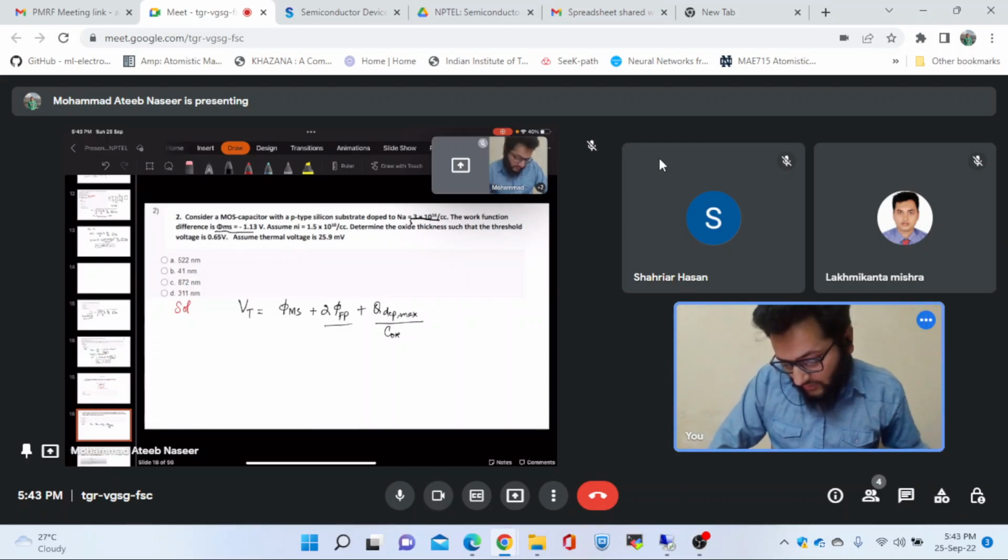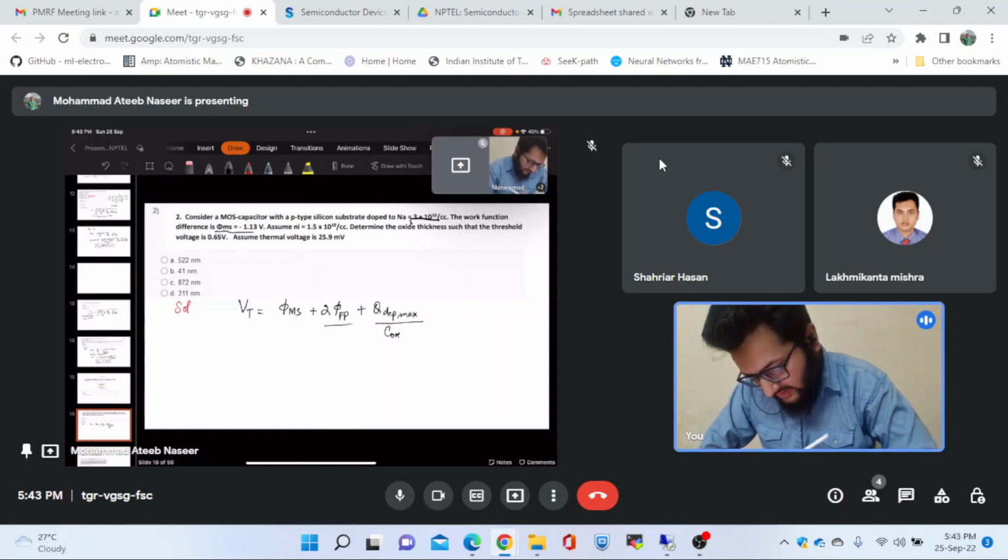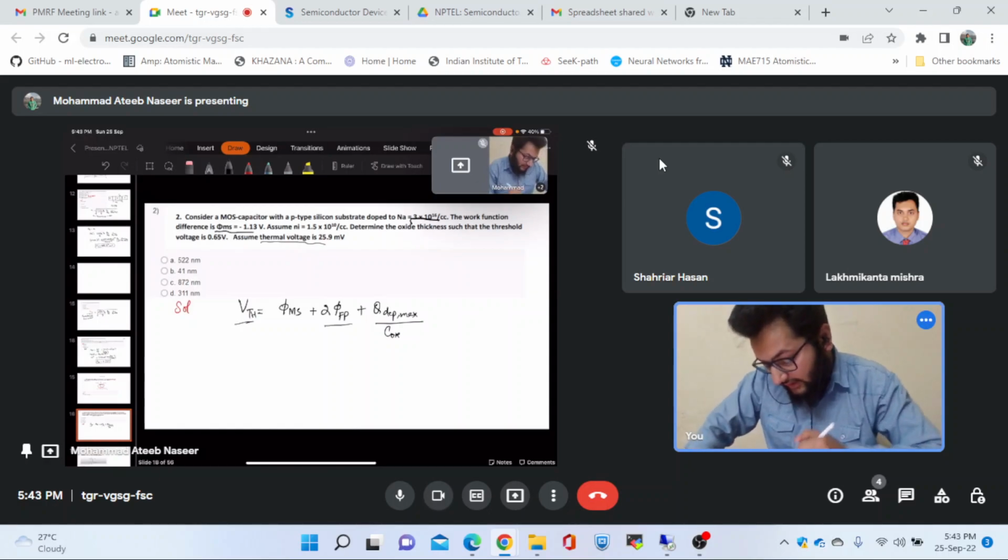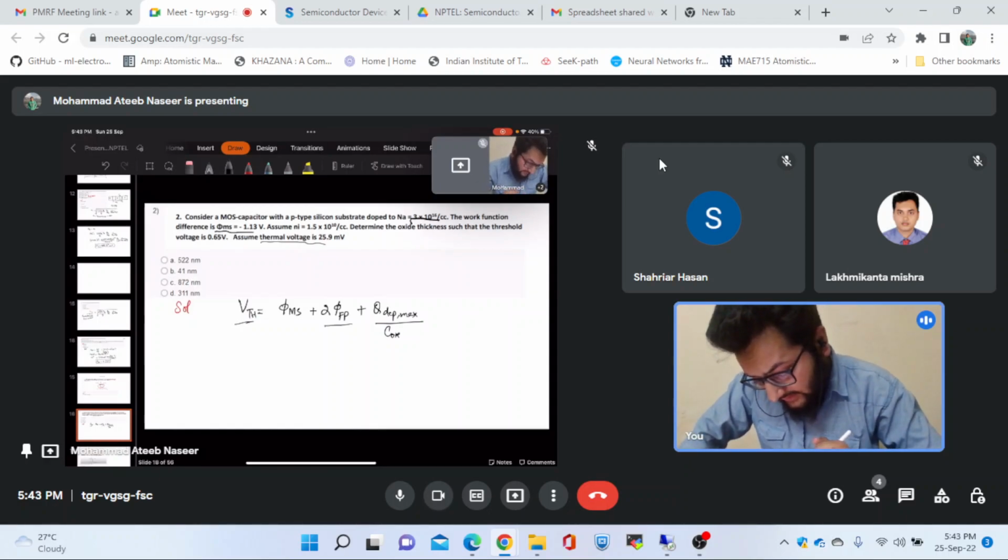So we can get this maximum depletion charge first, and we know this threshold voltage is given. Let me write it down as Vth, so that we don't get confused with the thermal voltage Vt. So this is also given, this we know, this we can find. So let us find this Q dep first.